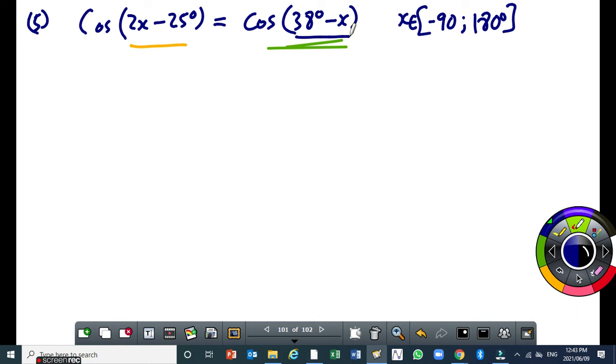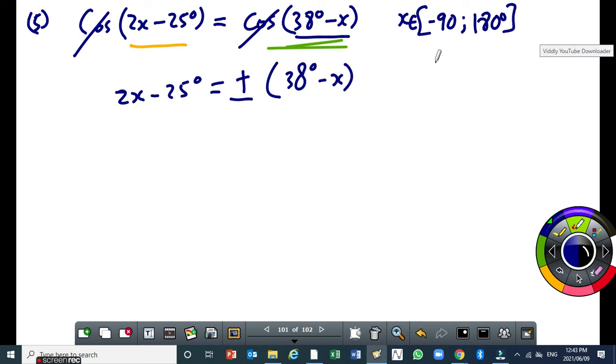So we drop the cos on both sides, and we end up having 2x minus 25 degrees equal to plus or minus, the plus or minus is based on the general solution for cos, plus or minus (38 degrees minus x) plus k times 360, where k is an integer.